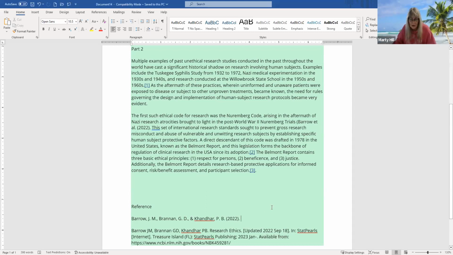This is a book, and it is in that book, and you need to state the author of the book because it looks to be an edited book.